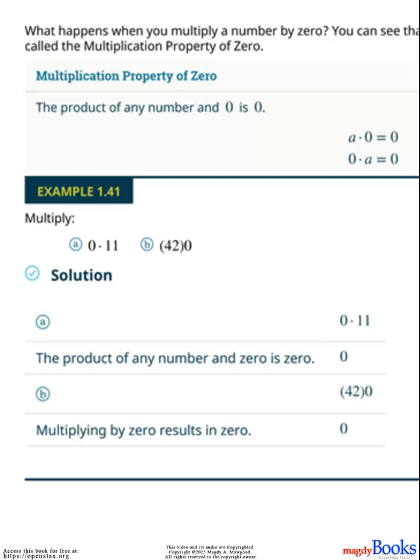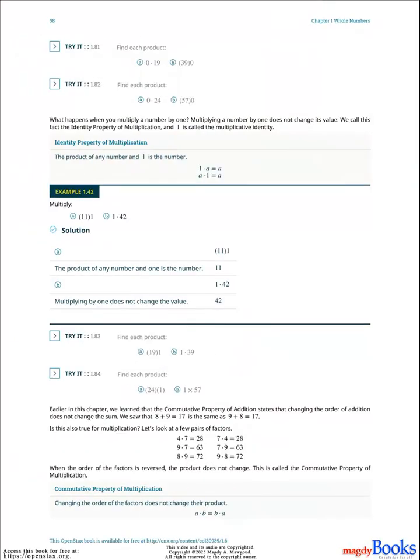Multiplying by 0 results in 0. 0. Try it 1.81. Find each product. A, 0 dot 19. B, open parenthesis 39 closed parenthesis 0. Try it 1.82. Find each product. A, 0 dot 24. B, open parenthesis 57 closed parenthesis 0.